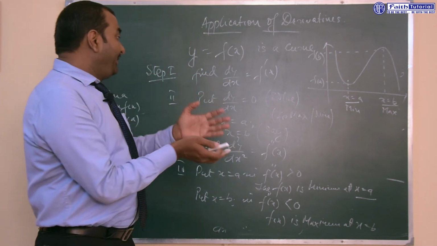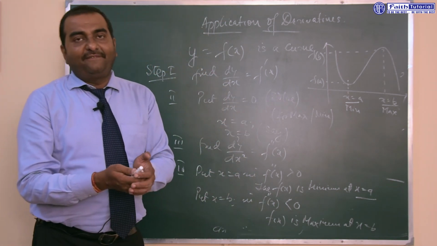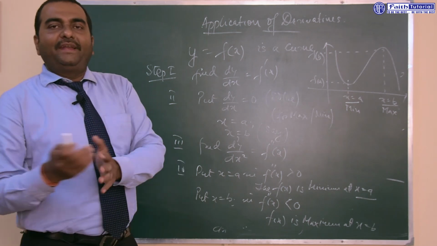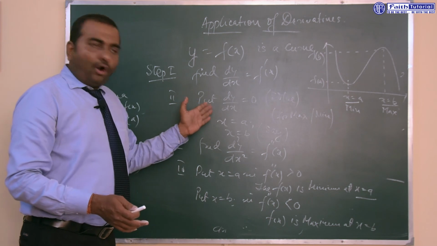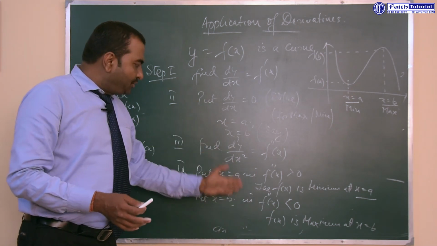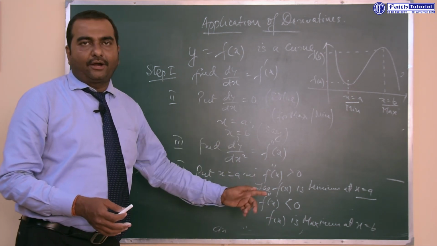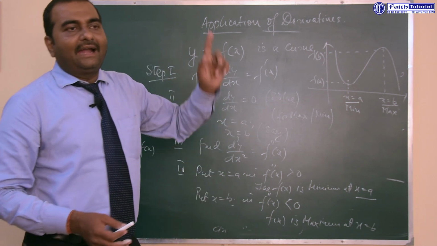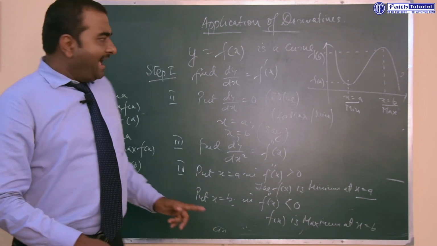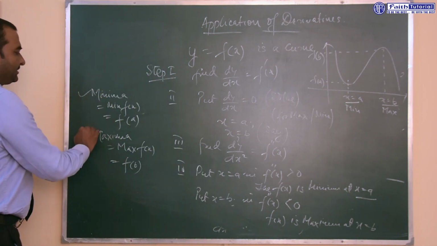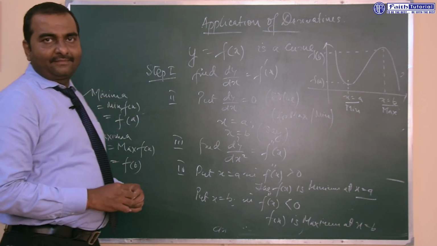Again, there can be 2 points at which the function is behaving to be maximum and only one it is minimum. So care has to be taken to ensure that all the values are separately substituted into the second order derivative to ensure whether the function is at the minimum point or at the maximum point, and that's the topic of maxima and minima for you. Thank you.